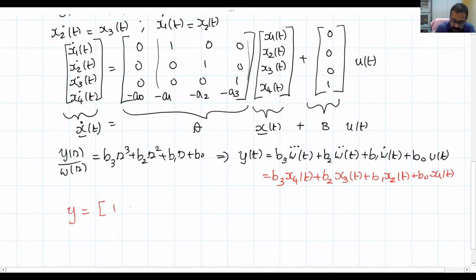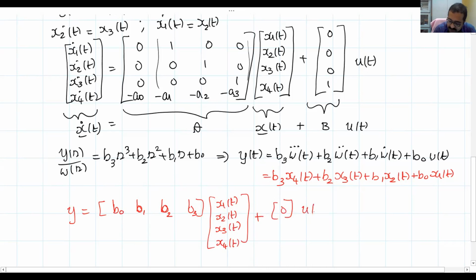Y will be B0, B1, B2, B3 into x1 of t, x2 of t, x3 of t, x4 of t, plus 0 matrix into u of t.